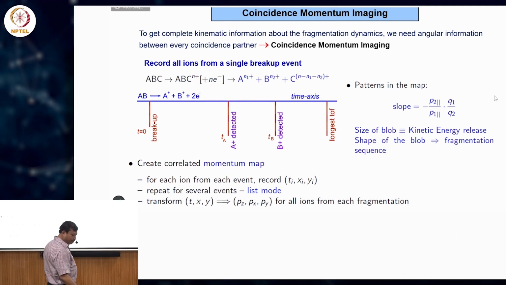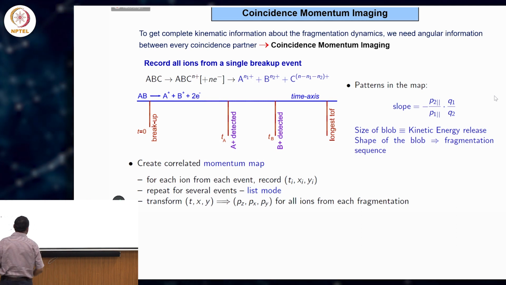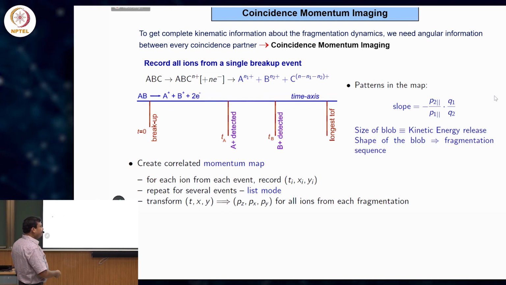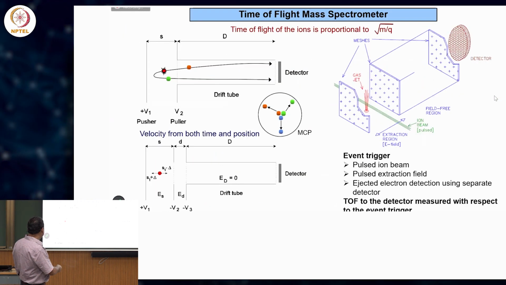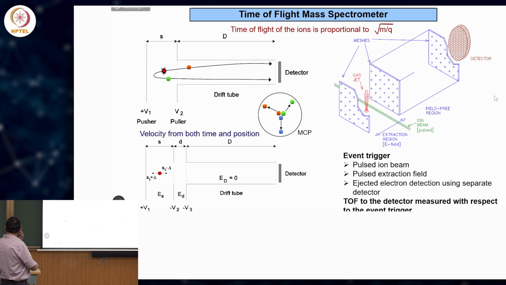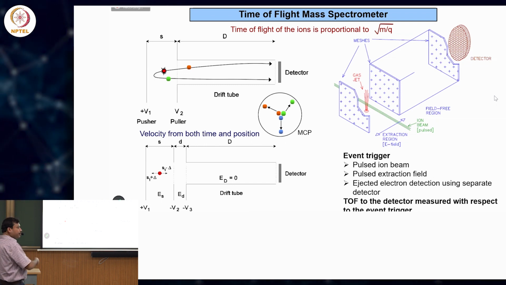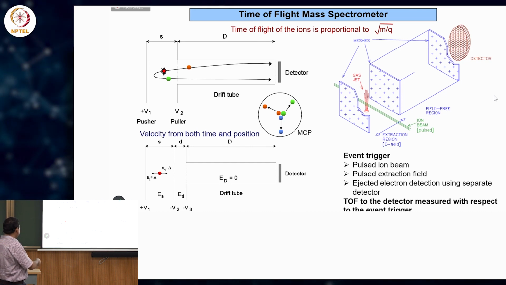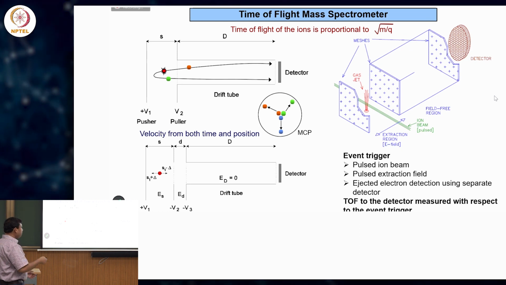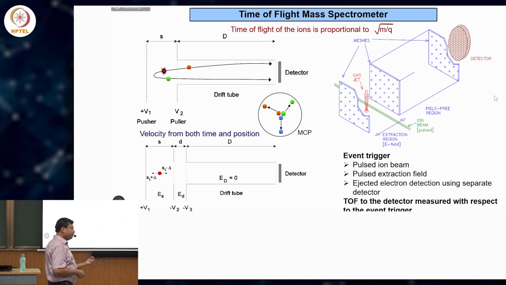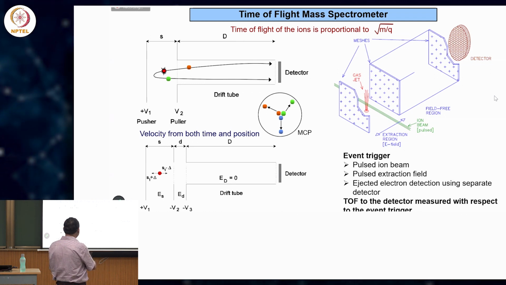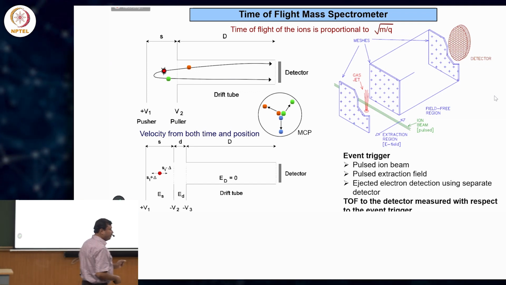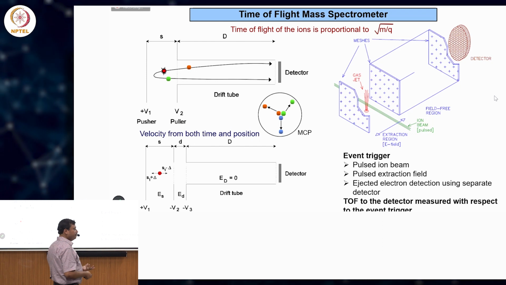Now that is because, see, if you go to this picture, what defines your, every mass that is m by q that is formed will have a drift tube length while reaching, and the one factor that works against it is your spread of the initial thing. So if your time of flight has changed, but you have your minimum spread, then I guess you should have a better resolution.